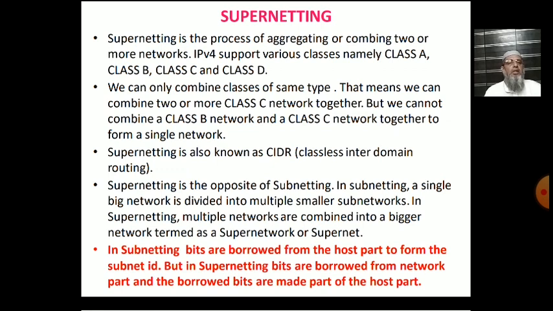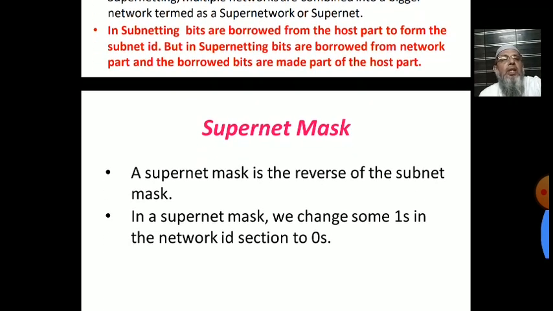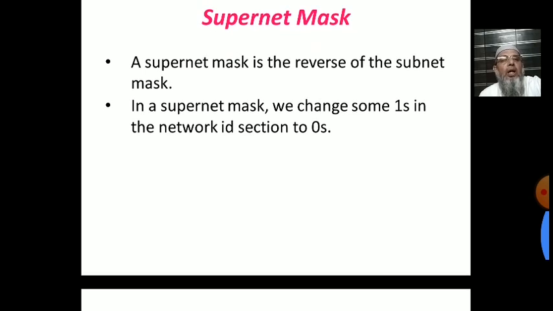Instead of using class B and class C, we'll discuss the advantages of using supernetting. The supernet mask is the reverse of the subnet mask. In a supernet mask, we change some ones in the network ID section to 0. In a subnet mask, we change some zeros to ones, but here we are changing some ones to zeros.